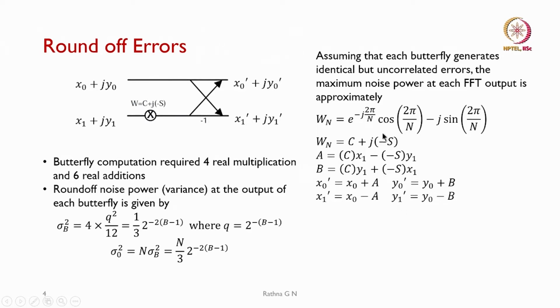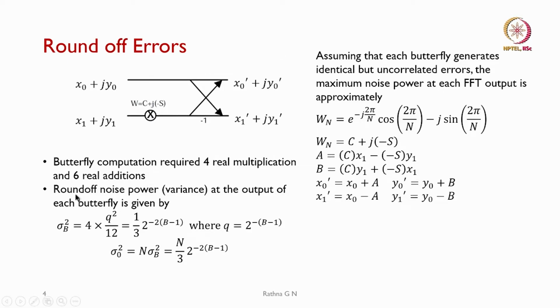We have another 2 coming from these two, A and B, so here 4 plus 2 is what we need. So, 6 real additions, taking into account that our subtraction is equivalent to addition. That has to be kept in the back of your mind whenever we do these additions.